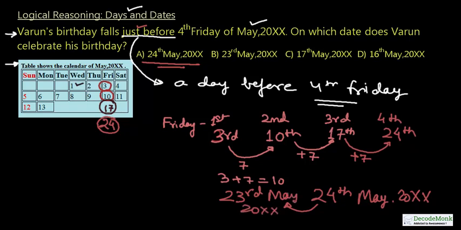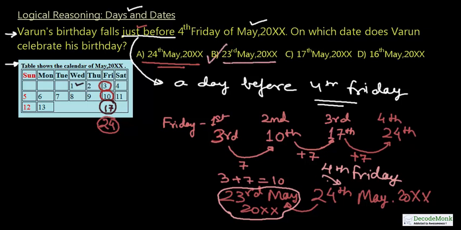So my dear little friends, please read the question carefully while answering, because even after inferring the calendar correctly, you may arrive at the wrong answer. Friday 24th May is 4th Friday, and just before 4th Friday is 23rd May 2000XX. So the answer is 23rd May 2000XX, that is option B.